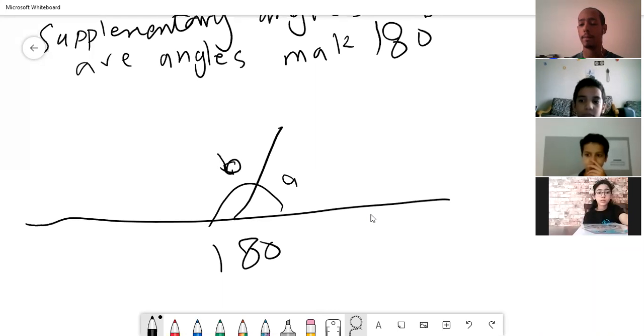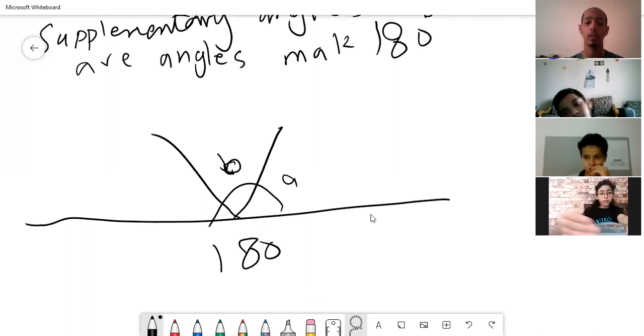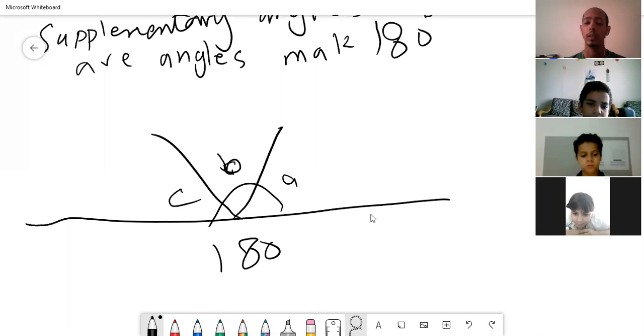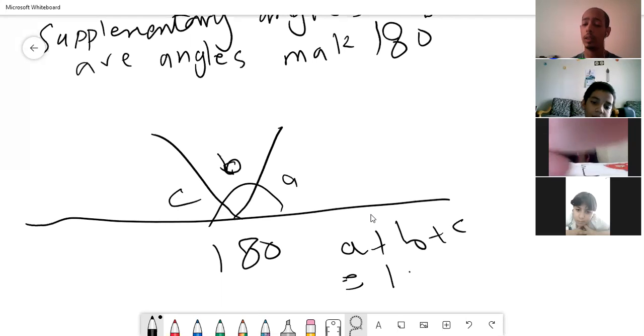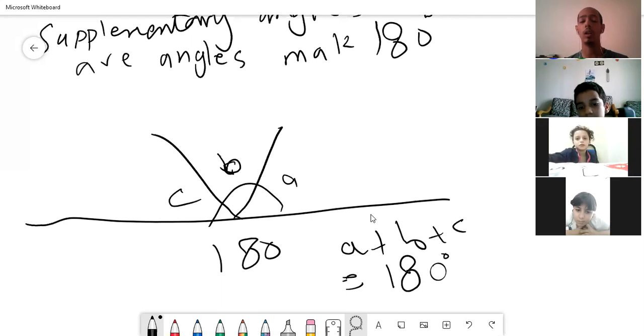If you divide it into three angles, A, B, and C, if you add A plus B plus C, it will be 180, because all of them share the same straight line.